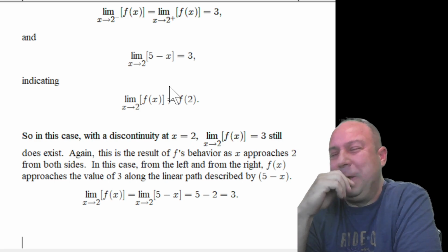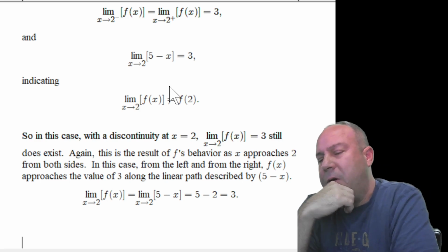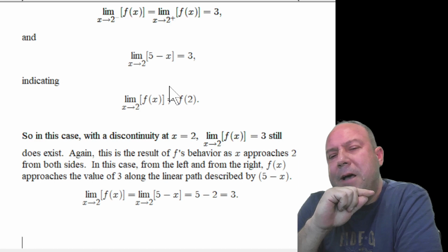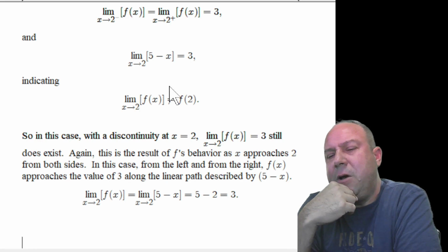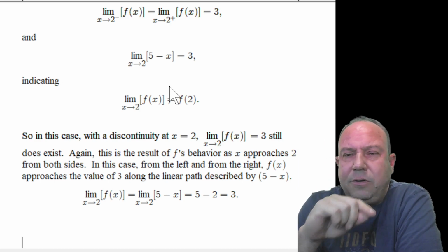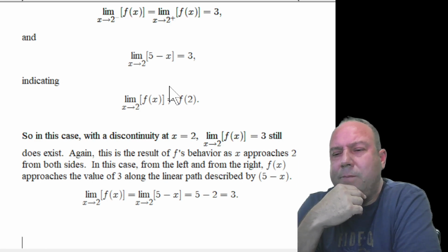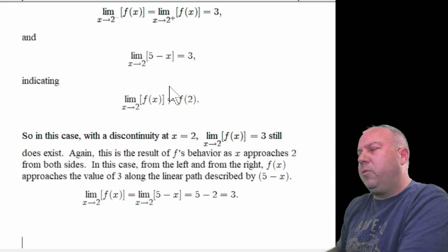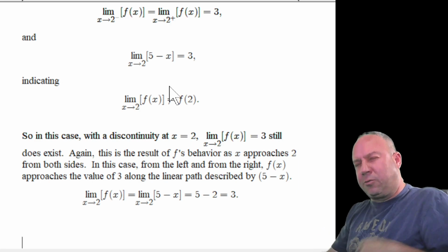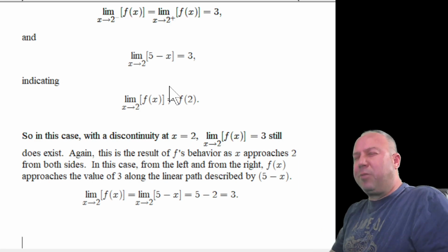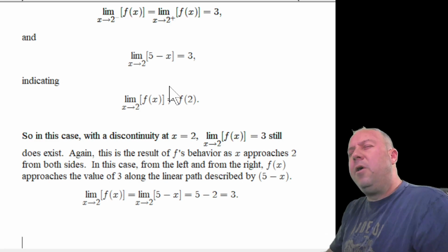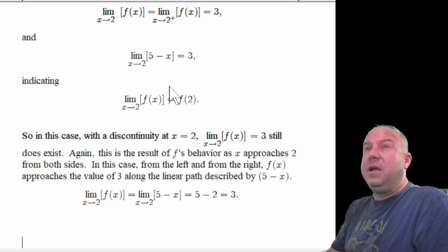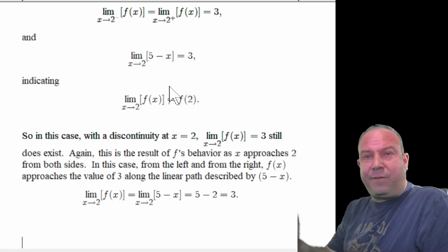Or you could encounter what we're going to see just a little later on in the notes, in some coming videos, a result known as an indeterminate form. Substitution, when working with non-piecewise functions, can produce real numbers, it can produce undefined results, or it can produce what we're going to find are what we call indeterminate forms.